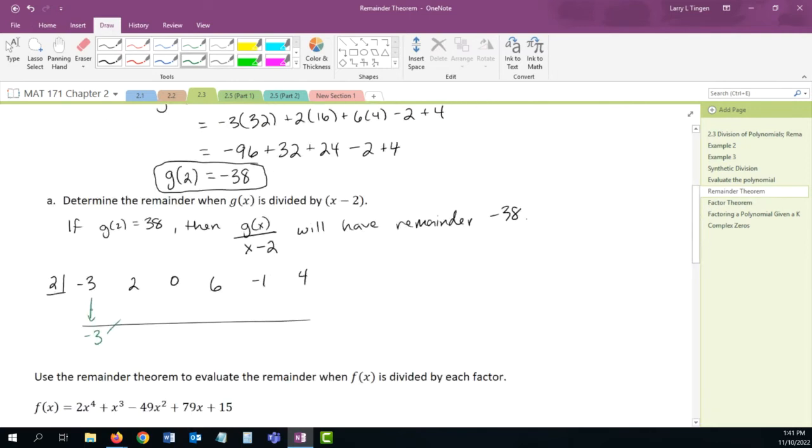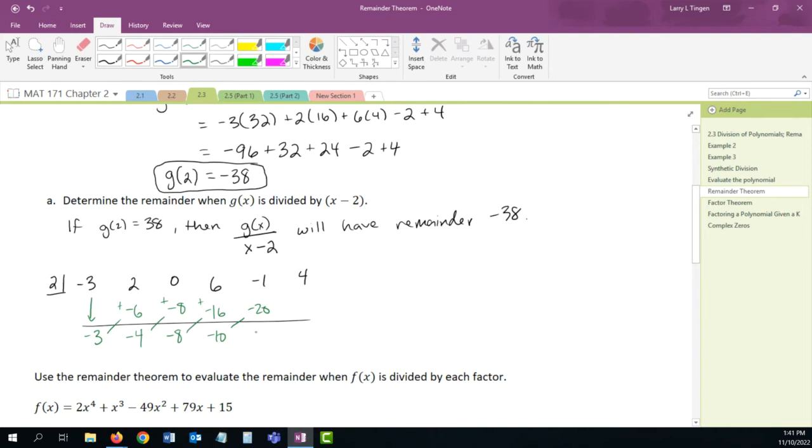Bring down the first term, and then let the games begin. Bring down the negative 3. 2 times negative 3 is negative 6. 2 plus negative 6, negative 4. 2 times negative 4, negative 8. 0 plus negative 8 is negative 8. Negative 8 times 2, negative 16. 6 plus negative 16, negative 10. 2 times negative 10, negative 20.